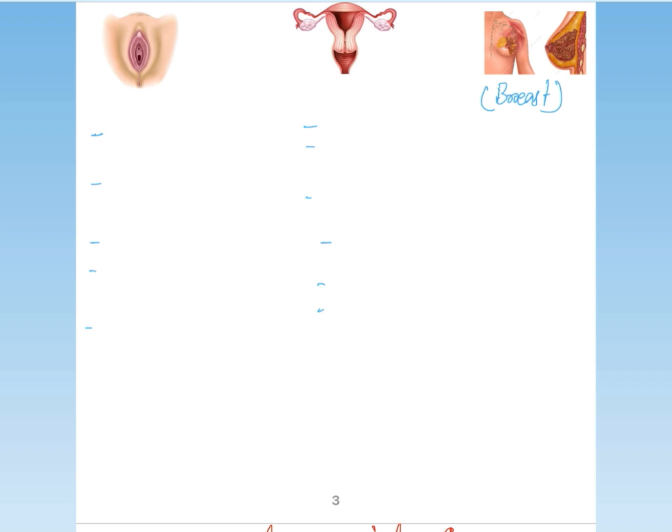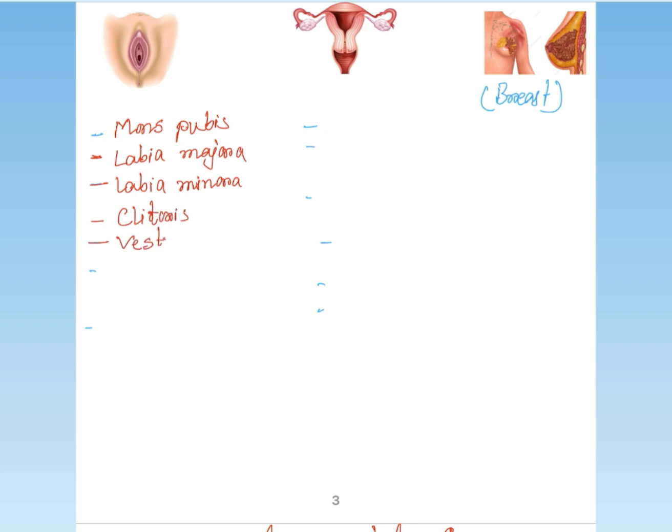Mons pubis, or Mons veneris, is coming under your external genital organs. The second one is labia majora, the third one we discussed is labia minora, and then we have discussed the clitoris, then your vestibule.